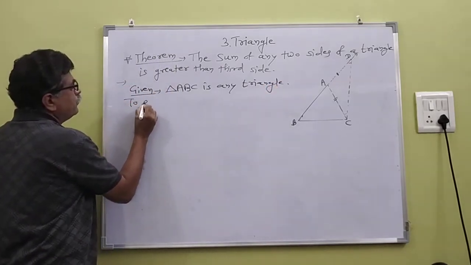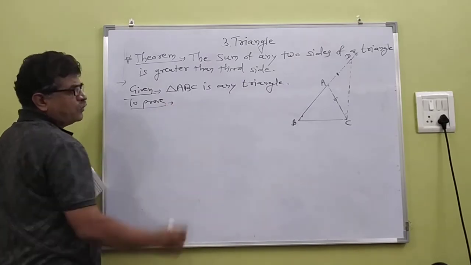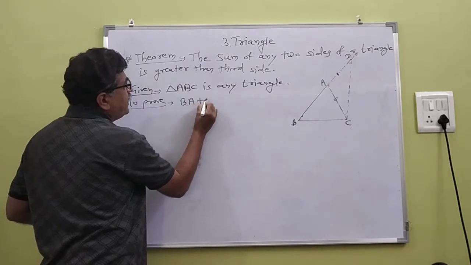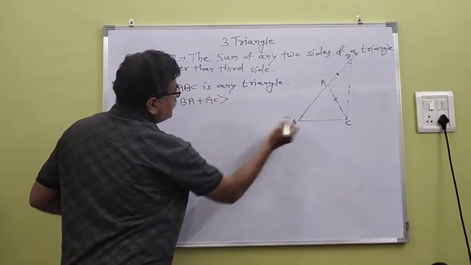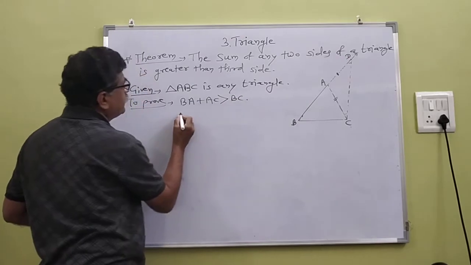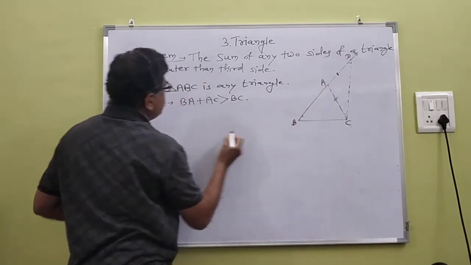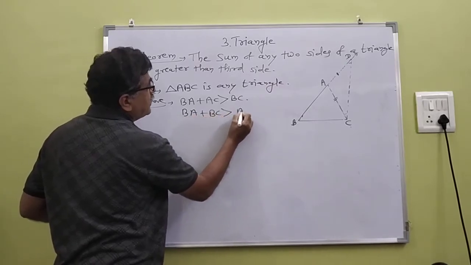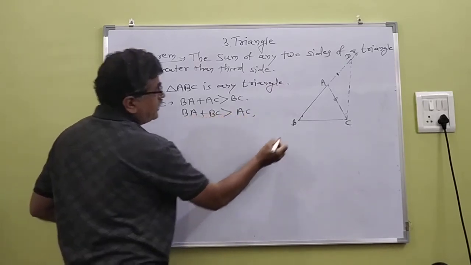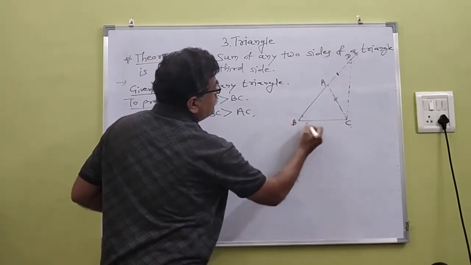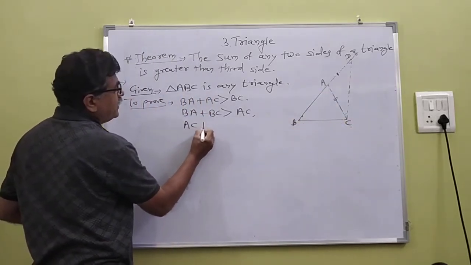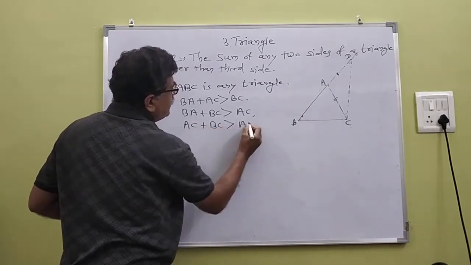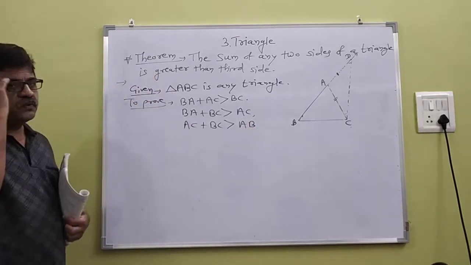To prove: BA plus AC is greater than BC, BA plus BC greater than AC, and AC plus BC greater than AB or BA, AB. We have to prove this.